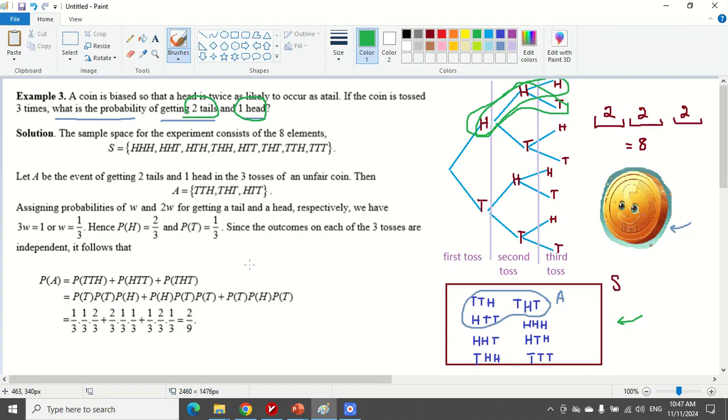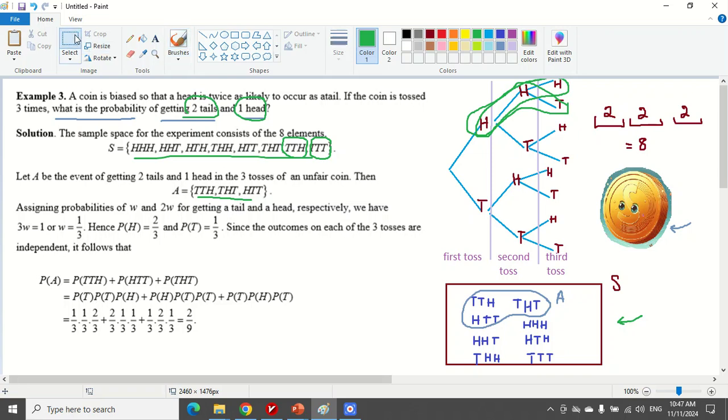We should talk about this case. I emphasize that the probability will be the number of the elements over the number of elements in the sample space only if all cases have the same chance of occurring based on a probability axiom. And over here, because the coin is biased, this cannot happen.